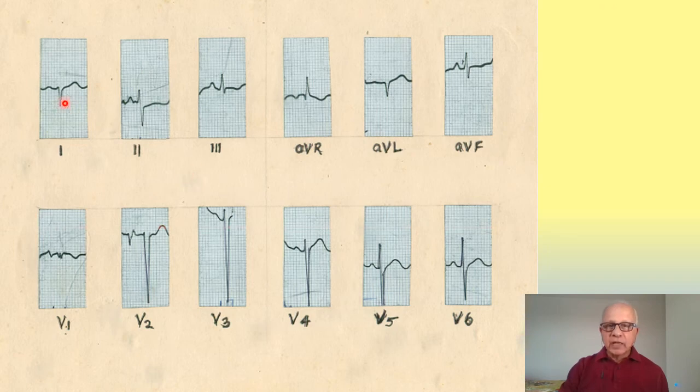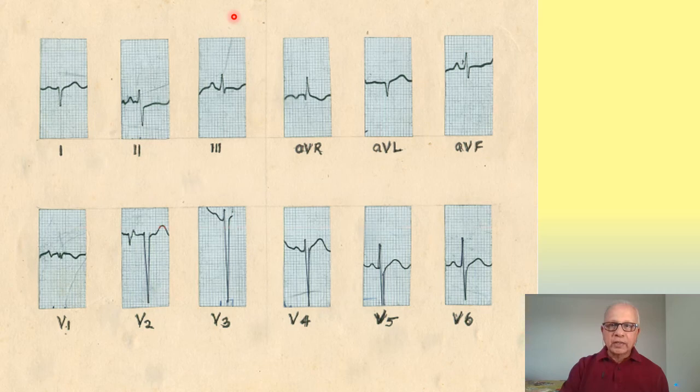Now we'll start off again with the limb leads initially to calculate the QRS axis first. Here you find that lead 1 is negative and lead 3 is positive. So according to the thumb rule, this is a right axis deviation, isn't it?